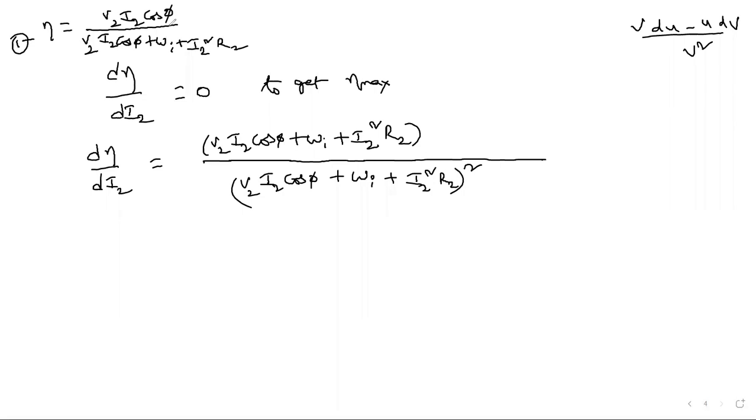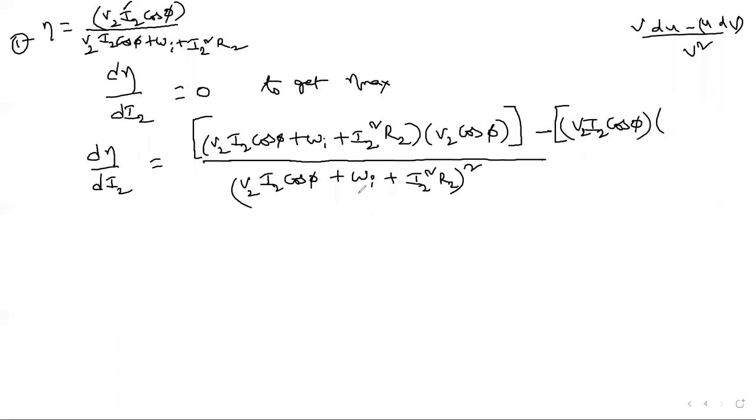Now differentiation of this one, differentiating with respect to I2. The remaining is constant: V2 cos phi, minus this factor U dV. U is V2 I2 cos phi. Next dV. dV means we need to differentiate the denominator of efficiency with respect to I2.